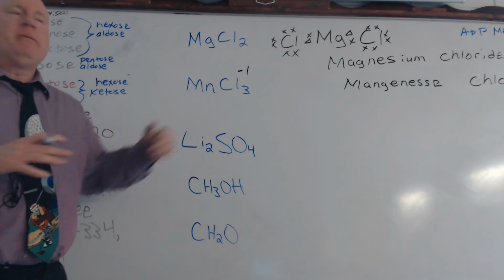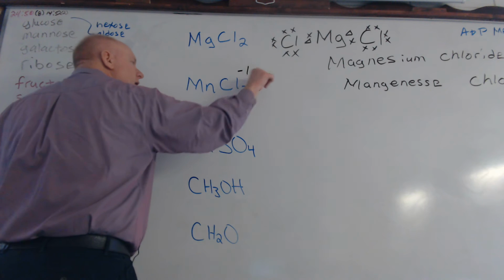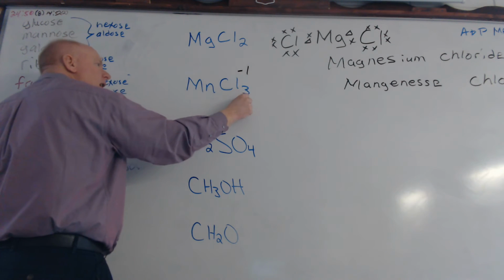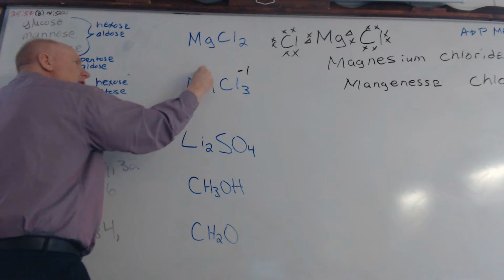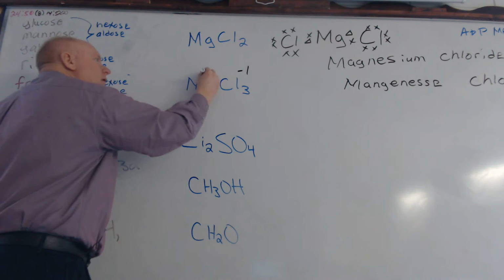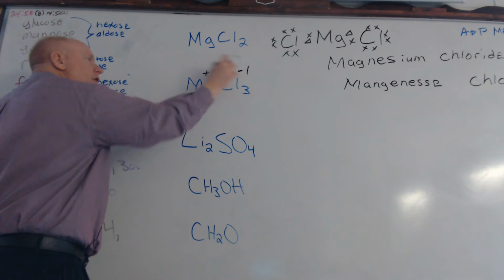So that must mean this side of this binary compound has -3. So that manganese has to have a charge of what? +3.